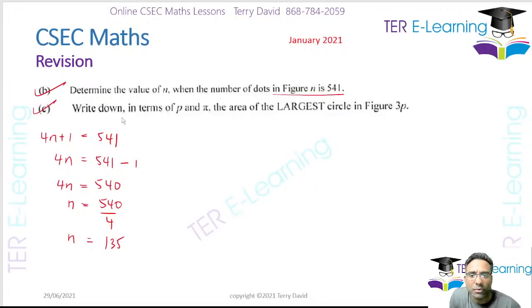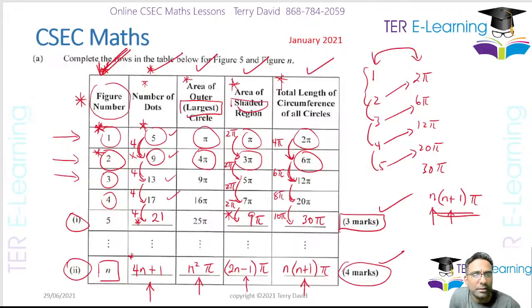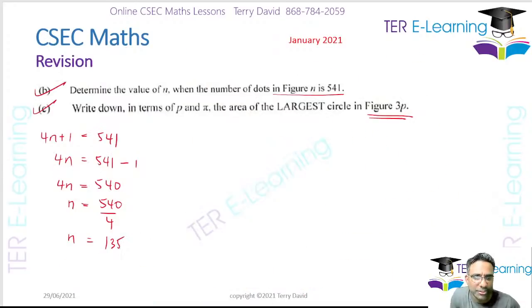And then the last part now, write down in terms of p and pi, the area of the largest circle in figure 3p. The largest circle in figure 3p, right?